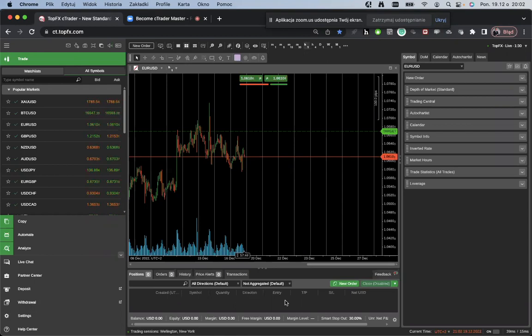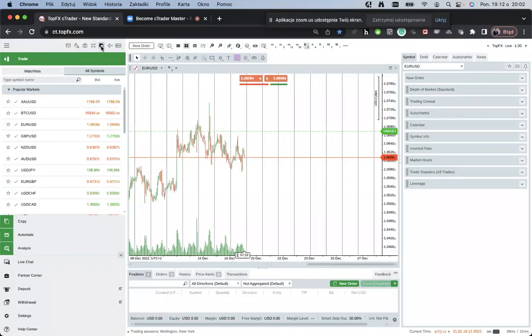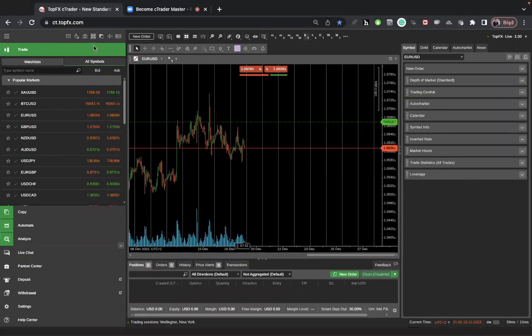So the first thing I would like to show you guys is the dynamic leverage. What is this? We will talk about it. Don't worry if you don't know what the leverage is, what the dynamic leverage is, and how to use it. The first thing is that if you have a standard platform, let me switch it to the full screen.